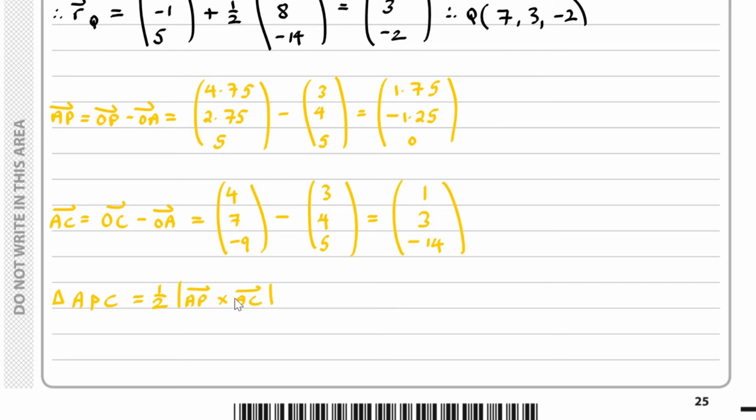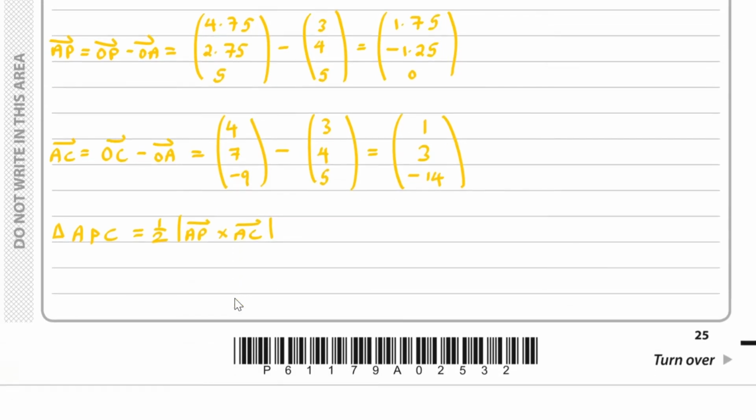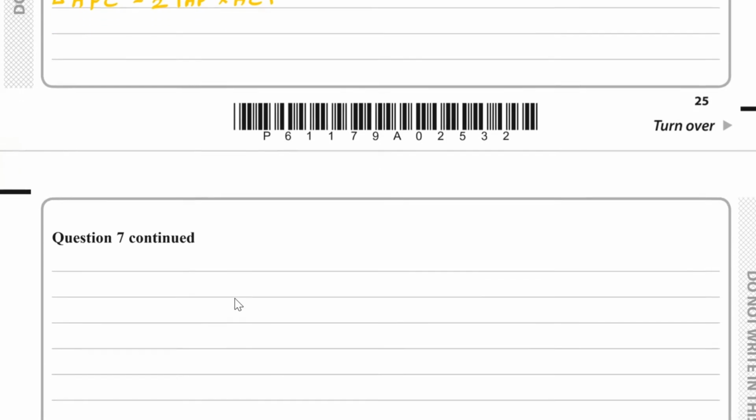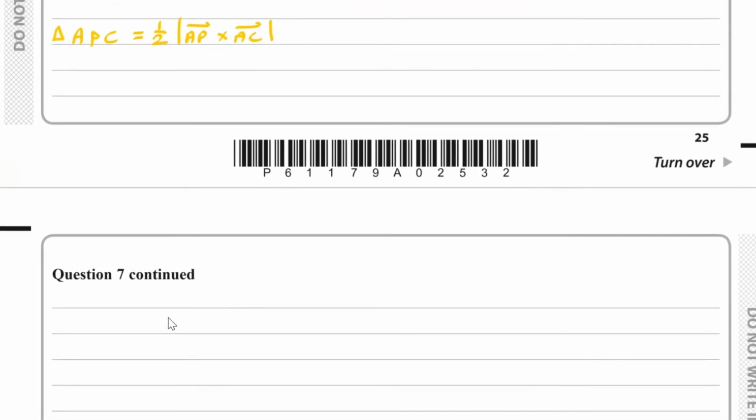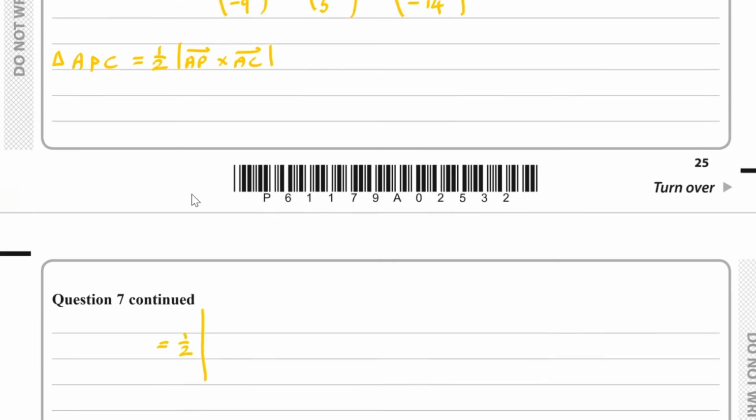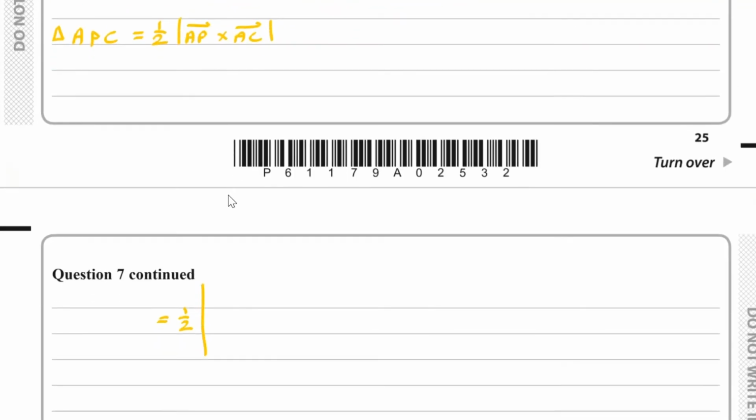So working this out, we have 1/2 times the magnitude of, well, if we multiply these vectors together, we need to multiply together (1.75, minus 1.25, 0) with (1, 3, minus 14).